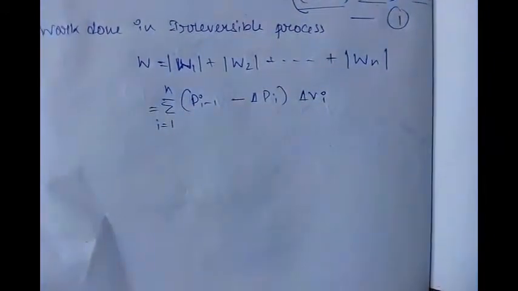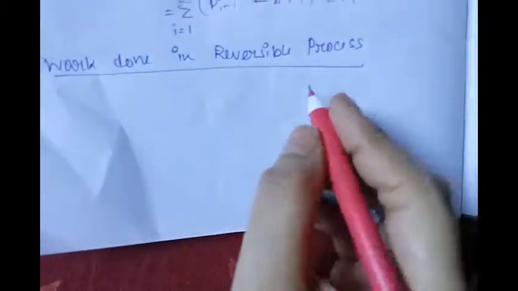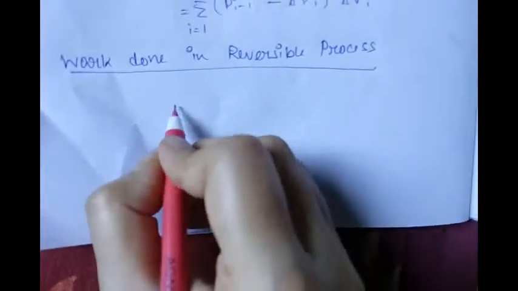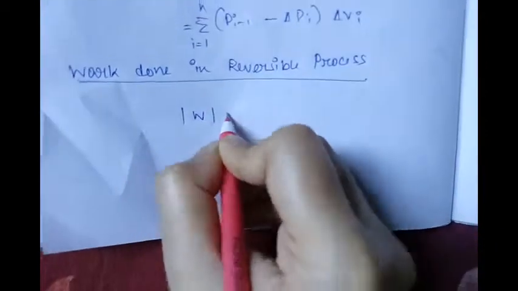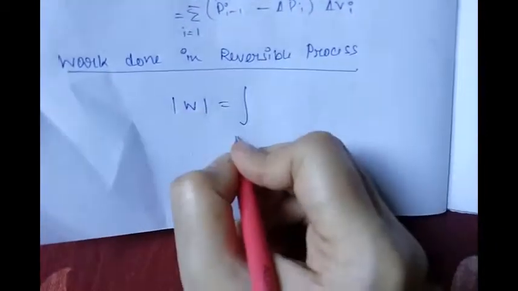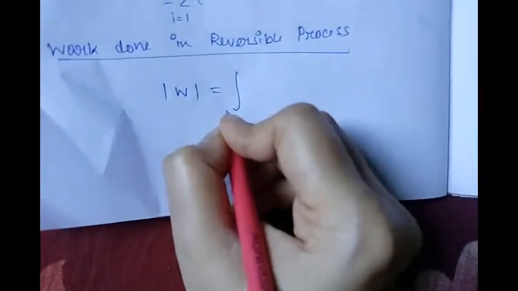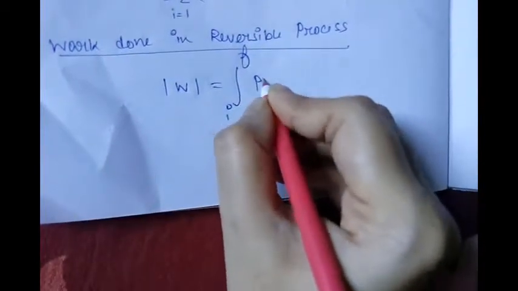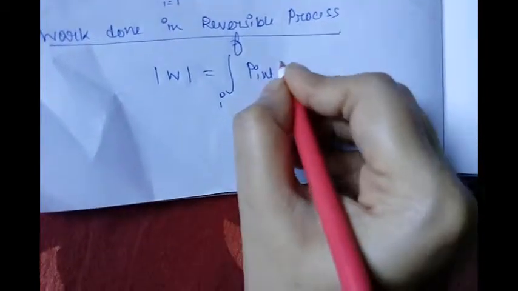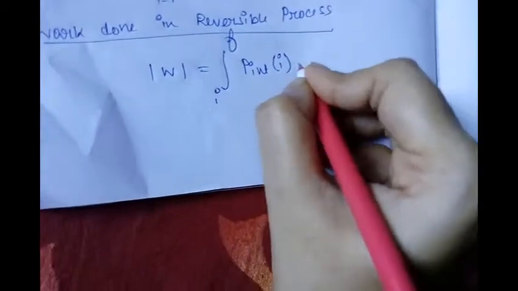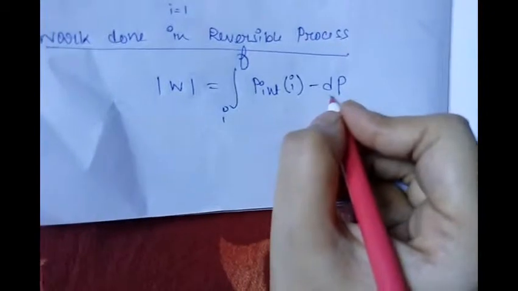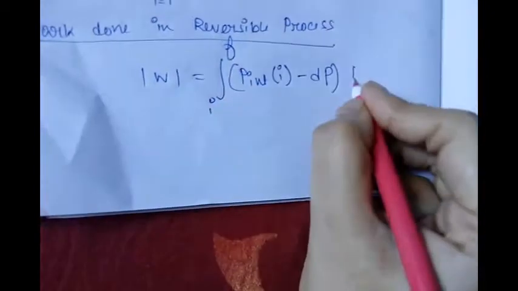And what will be the work done in reversible process? As I said, in case of reversible process, the difference becomes differential. That is, mod W now becomes the integration from i to f step of P internal into (P internal minus dP), where delta P becomes differential dP, into dV.